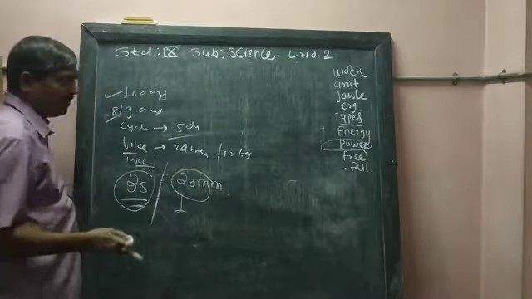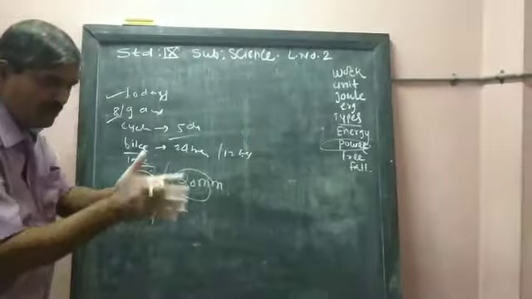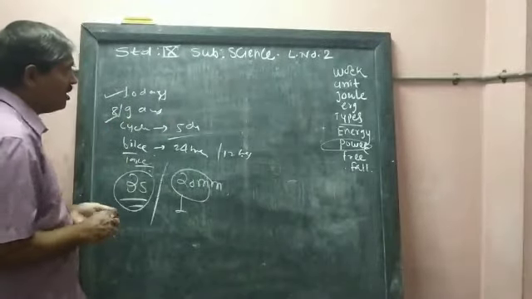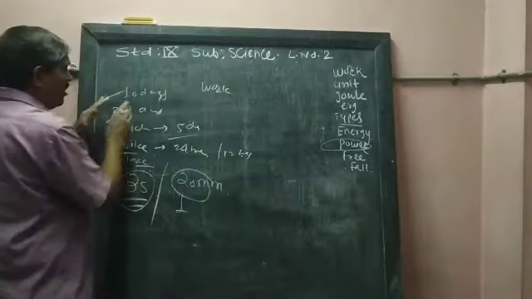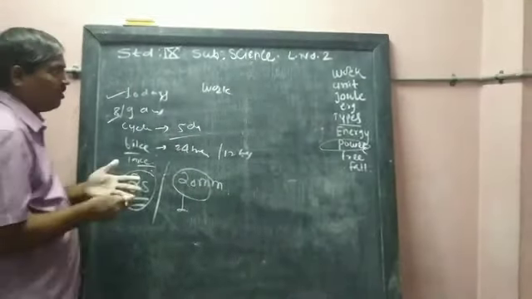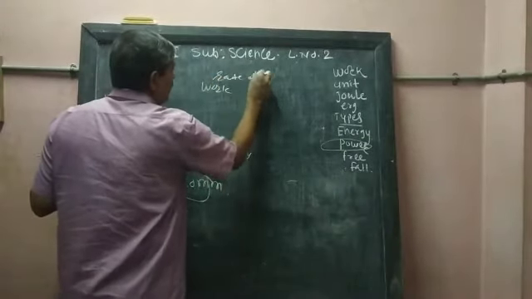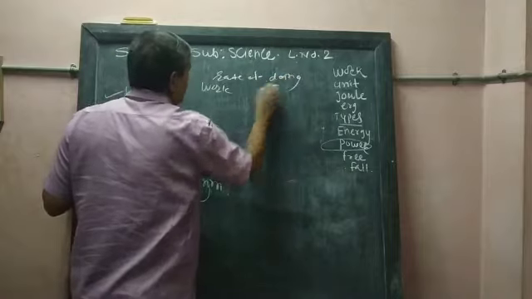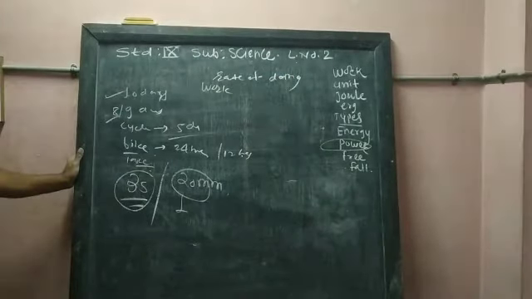Here power is used, we are working, so work is done. Doing work, someone takes more days, someone medium days, and someone very few days. The rate of doing work is different.